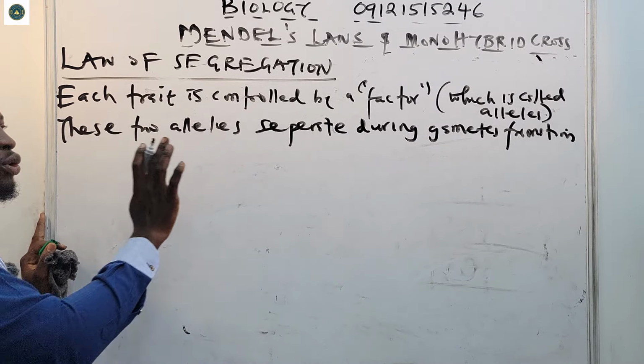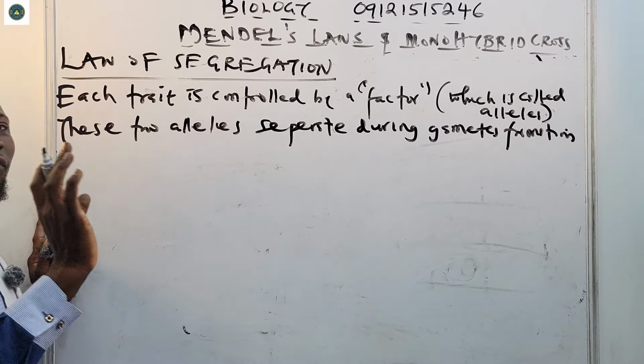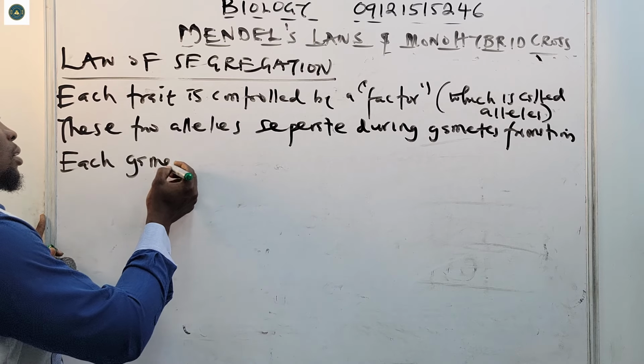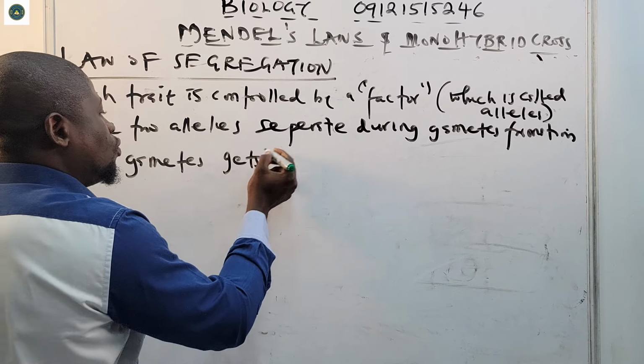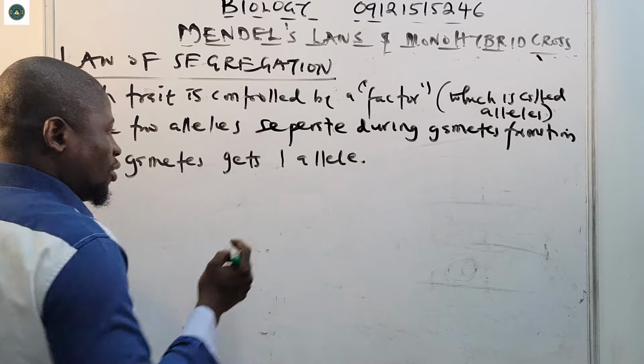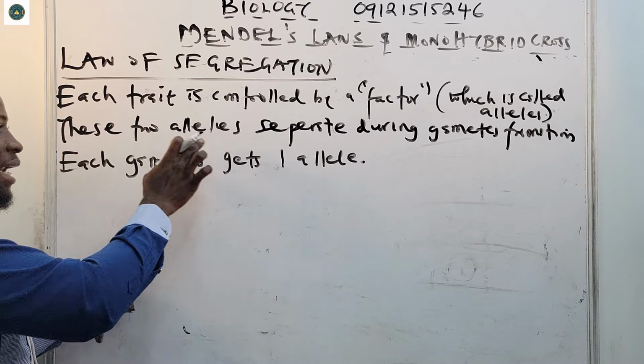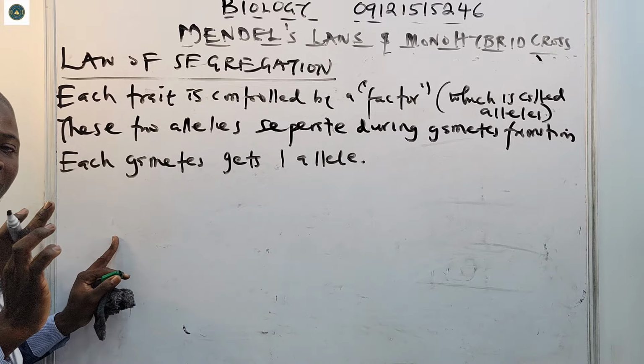Alleles. And these two alleles separate during what? Gamete formation. And what happens? Each gamete gets one allele. So that's what the law of segregation is saying: the two alleles separate during gamete formation, and each gamete gets one allele.